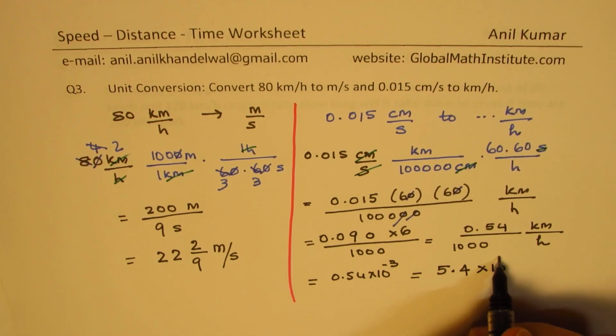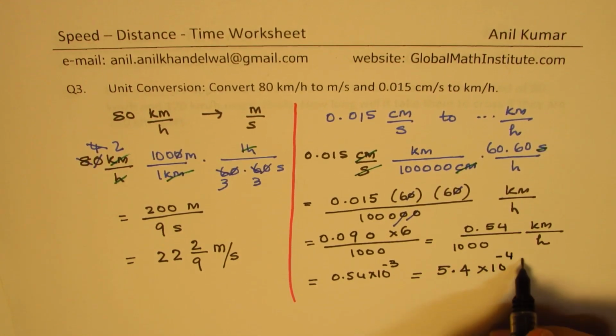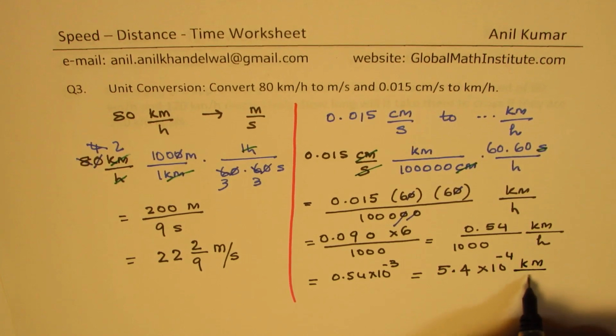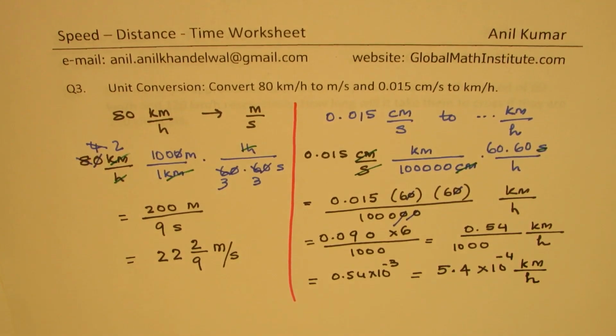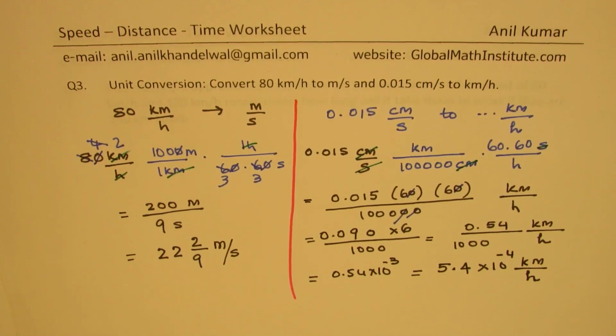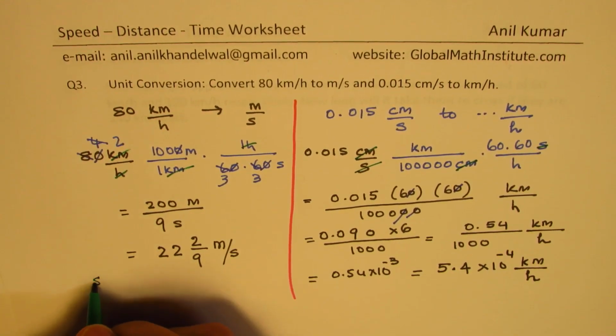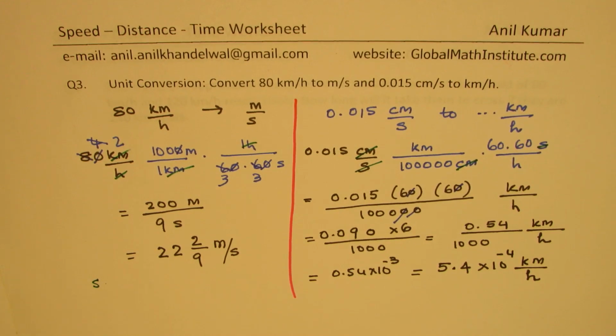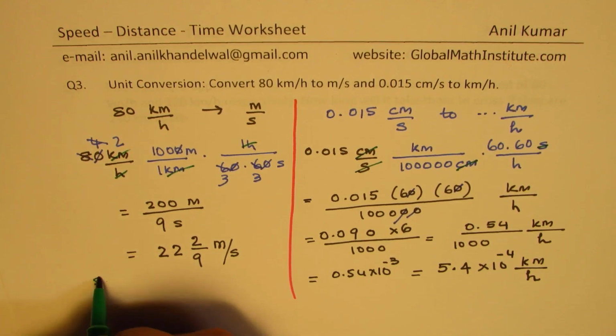Into 10 to the power of, this time, minus 4 kilometers per hour. Does it make sense to you? So this is a very important step. So what we did here is that we wrote it in scientific form.